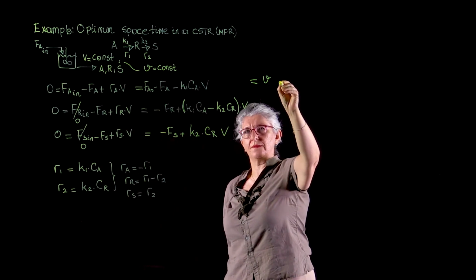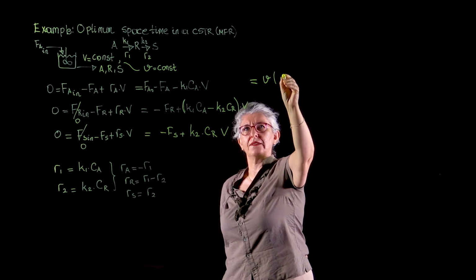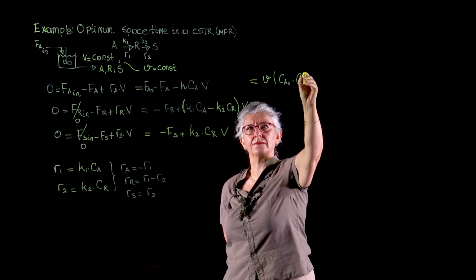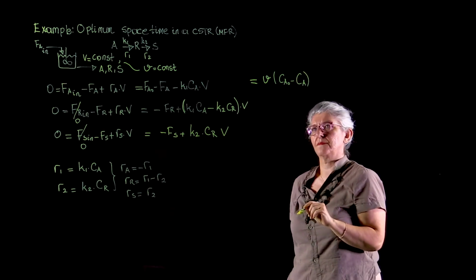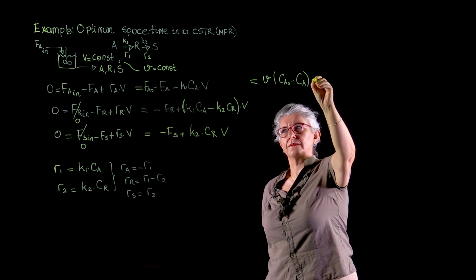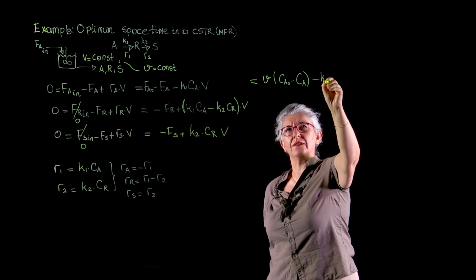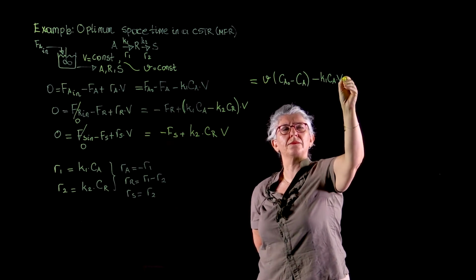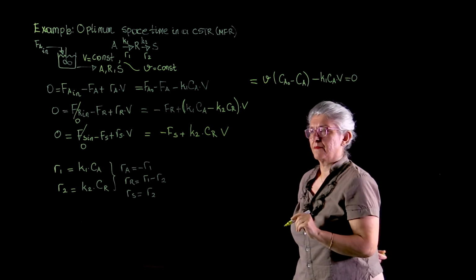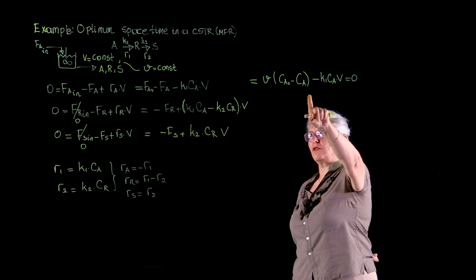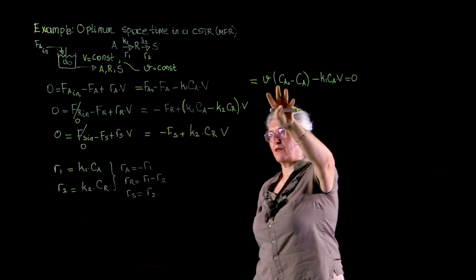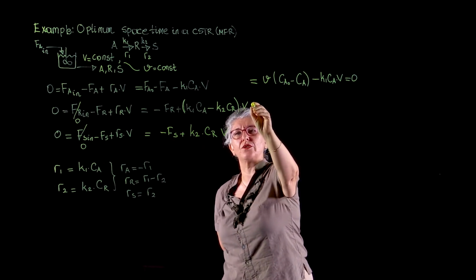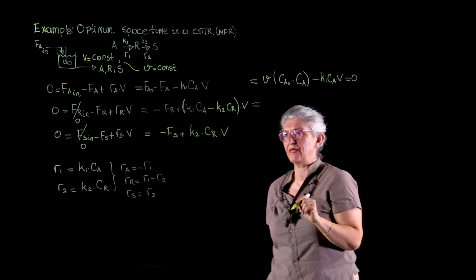V times Ca0 minus Ca, plus minus K1 Ca times V, is equal to 0. Because of this, the whole reaction network equations can be solved without defining reaction extents.